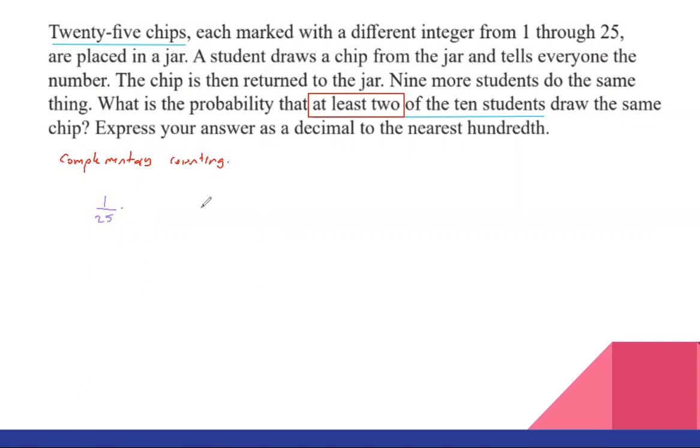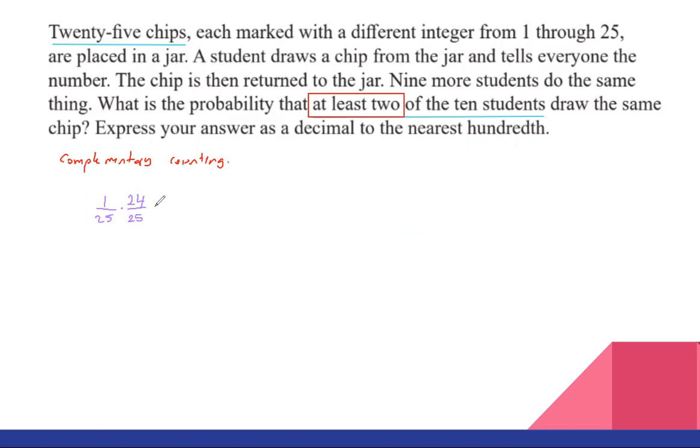And for the second one, since you want to get a number that will be different from the first one, and I do have 25 in total, I do have 24 choices left out of 25, because I'm just putting those back into the jar. So that will be 24 different chips from the one that I took in the first selection.